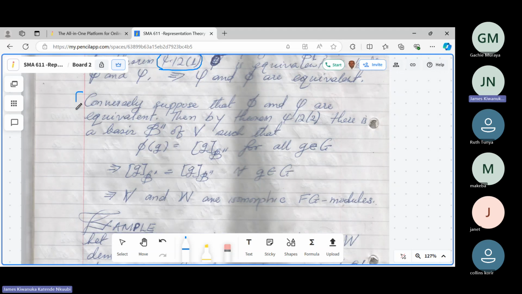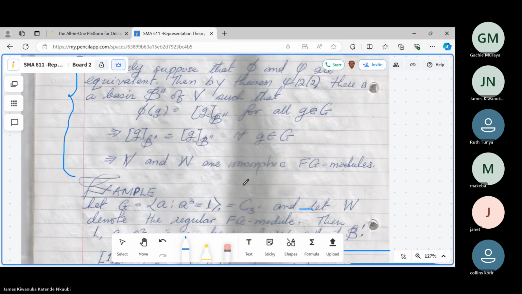So then there's a converse as well, which assumes that you have two equivalent representations. There's some breaking down to be done here. I will let you do that.